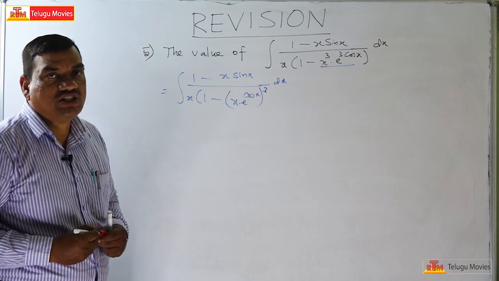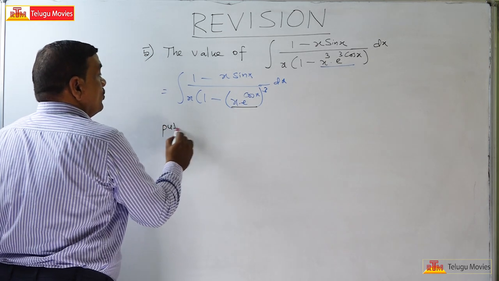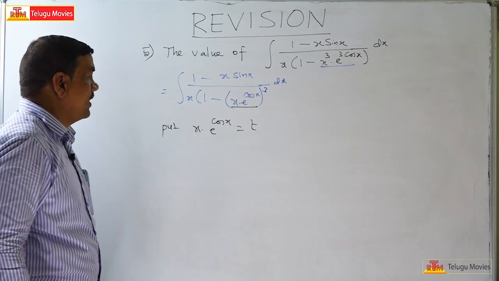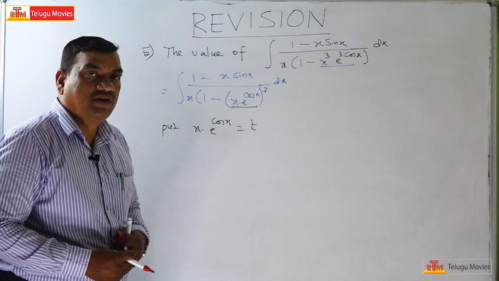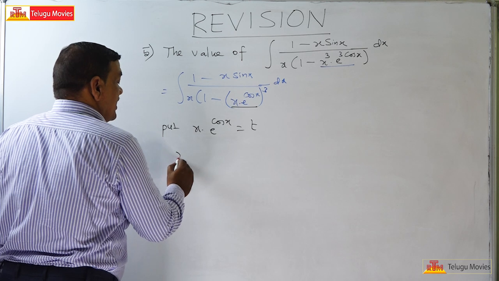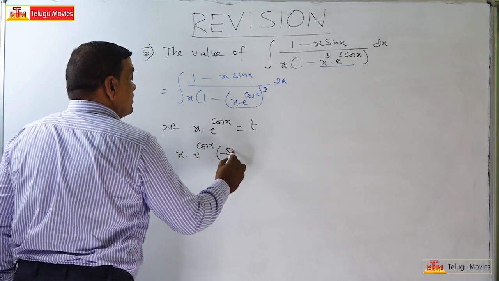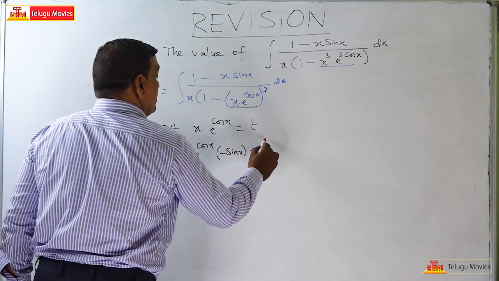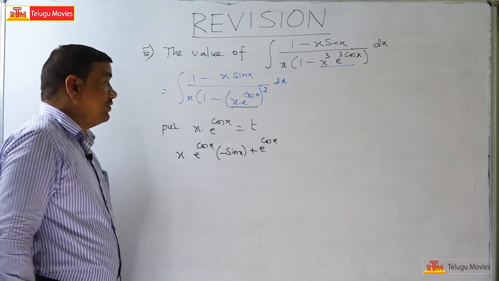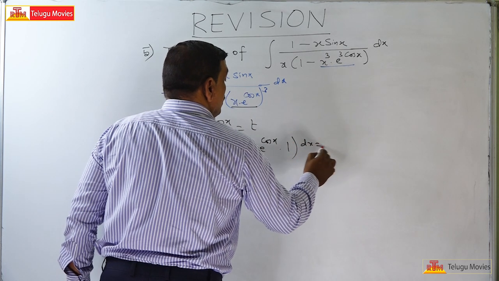Now here we will do a substitution type of problem. So here put x into e power cos x equal to some t. Now take the differential with respect to x on both sides. That means x into the derivative of e power cos x, which is minus sin x, plus e power cos x into the derivative of x, is equal to how much? 1 dx is equal to dt.